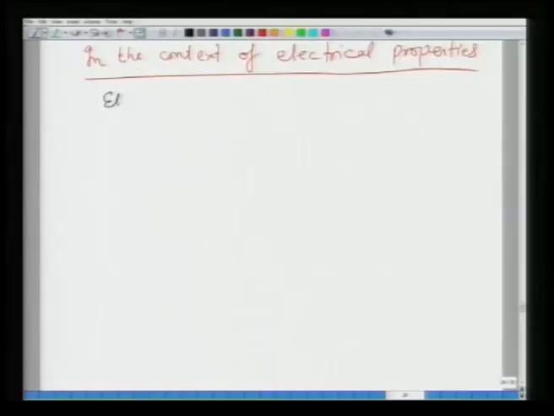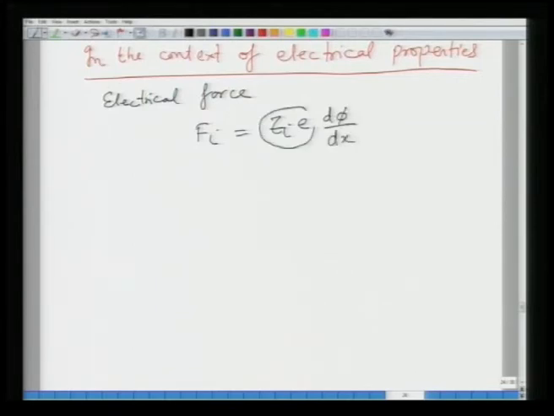Now, in the electrical context, the movement happens because of some electrical force, and I can write it as Fi, the force F which acts on the ith particle, and this is nothing but equal to Zi e d phi by dx, where Zi e is the total charge on the particle and d phi by dx is the potential gradient, and this is equal to Zi e E, where E is the electrical field, V by d, as you know.